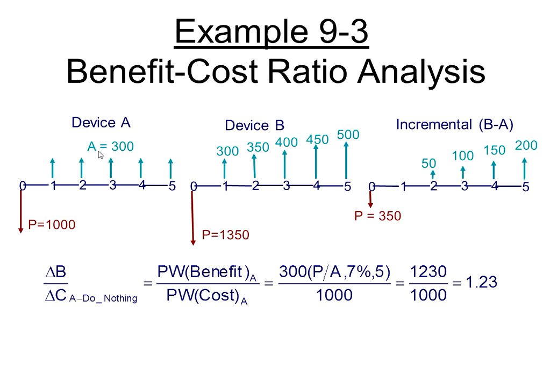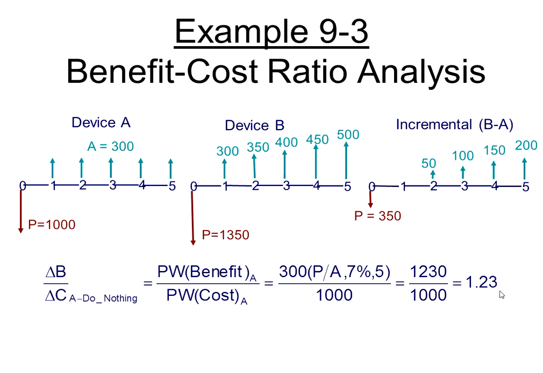So P/A is going to be the discount factor. 7% is our interest rate in this example, and because there are 5 of them, we have N equals 5. Then divided by 1000, which is our present worth of cost. We evaluate this, get this much divided by 1000, and we have 1.23.